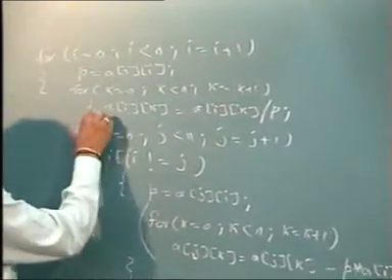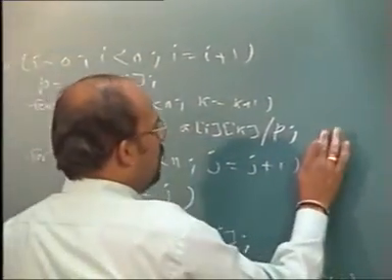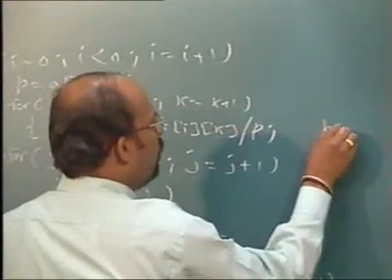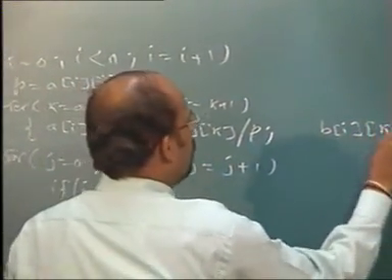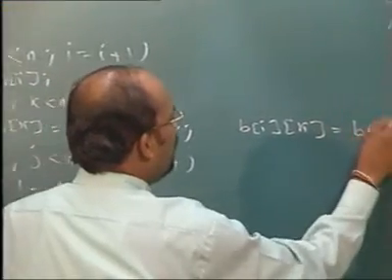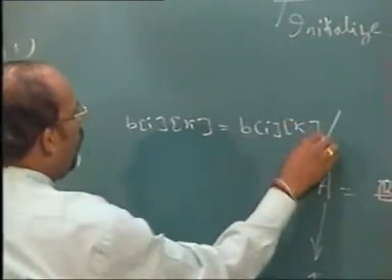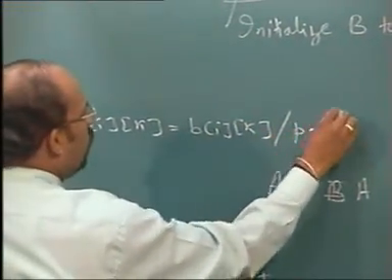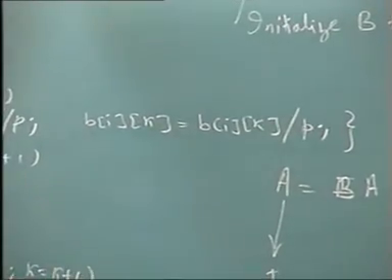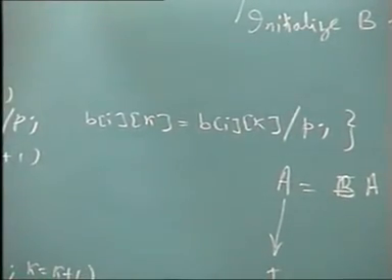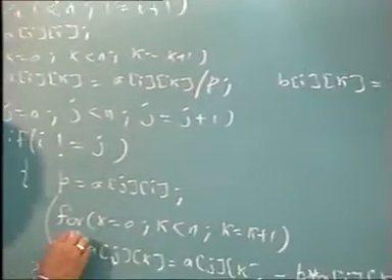That means this should be written further as comma and B of ik equal to B of ik upon P. Whatever operation you did on A, do the same on B. After this no operation was done, here it is done.